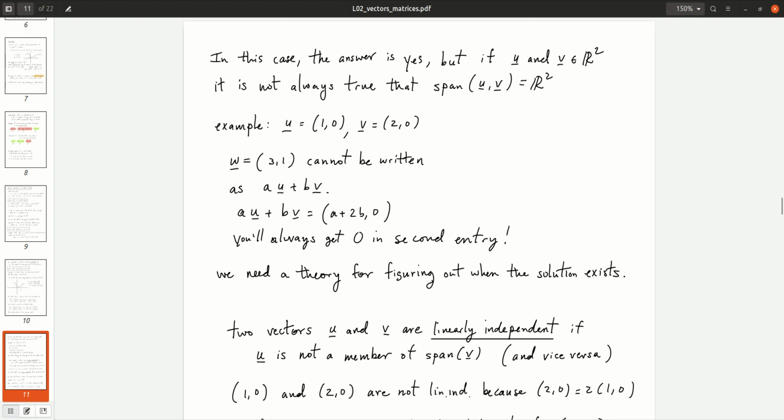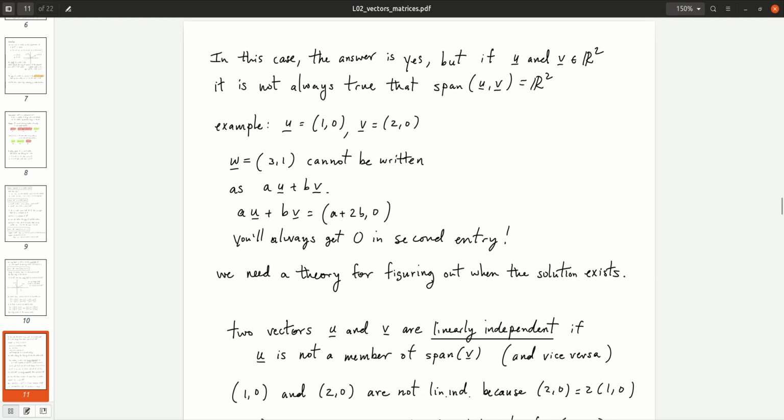If we think about doing this, we'll get au + bv is (1a + 2b, 0a + 0b). So you get (a + 2b, 0).